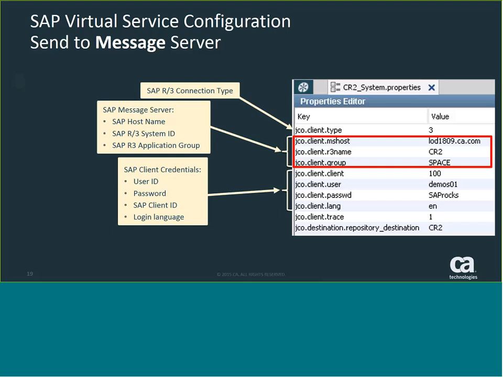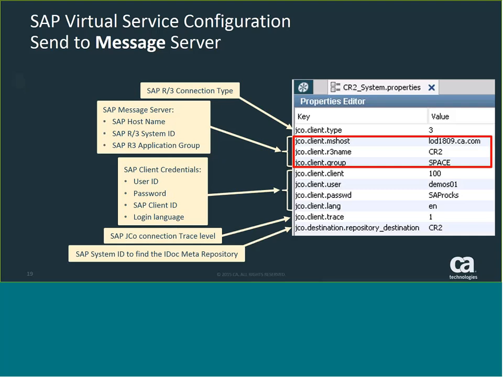The following four settings supply the SAP login credentials to connect to the SAP system and the language that is used for the login. The trace level, again, is for the granularity of the trace, and we define this connection to be used to access the SAP system.